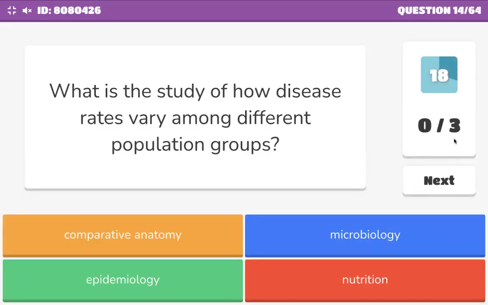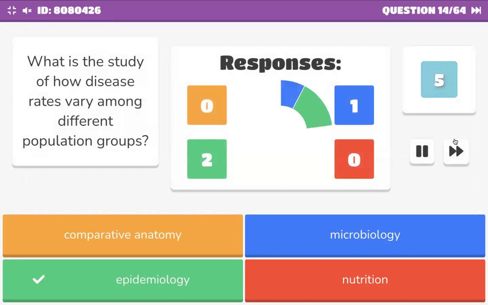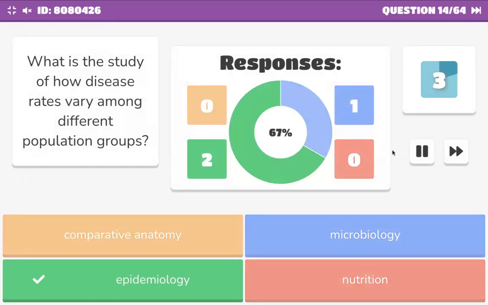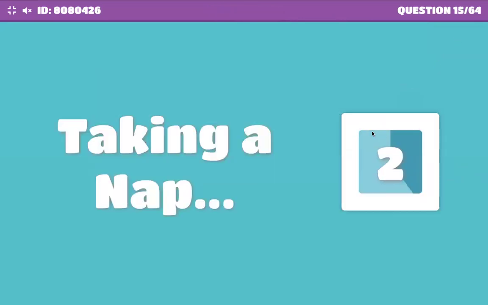What is the study of how disease rates vary among different population groups? Epidemiology. Microbiology is the broader study of microbes, while epidemiology is more specific to population groups.